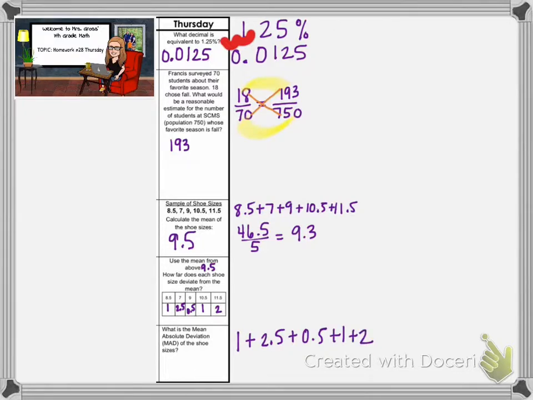I got 7, and I want to divide that 7 by 5 because there's 5 there. And 7 divided by 5 is 1.4. So my mean absolute deviation is 1.4.